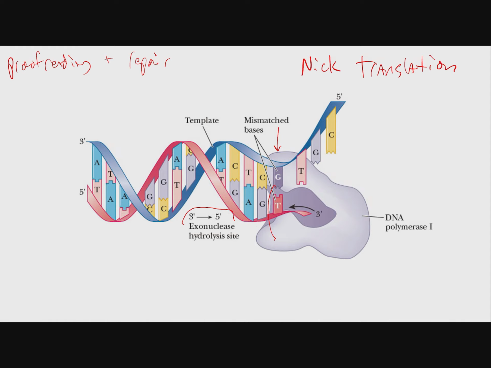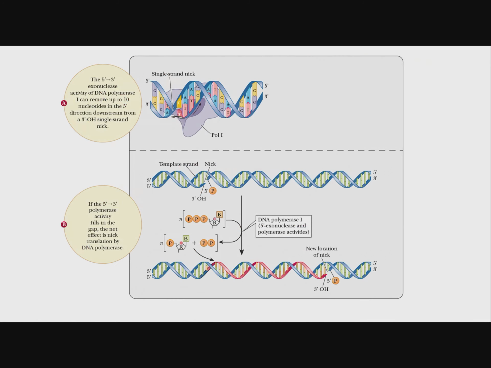It involves cutting, so removing the RNA primer by the 5' exonuclease activity, and then patching is the incorporation of the required DNA into the chain by the same enzyme. So if the same enzyme is cutting and patching, then it's called nick translation, and it's essentially the removal of an RNA primer or a DNA mistake by polymerase 1 using 5' to 3' exonuclease activity.